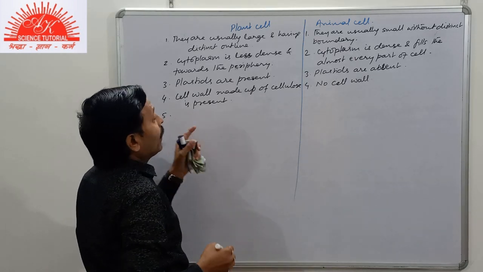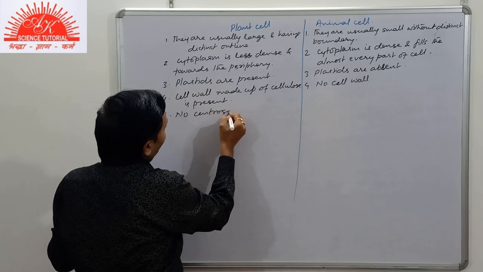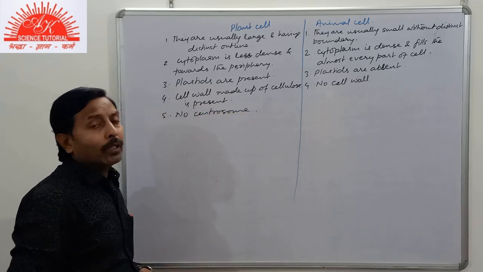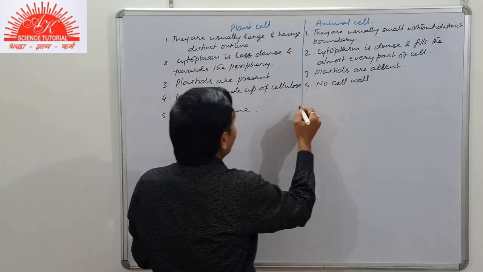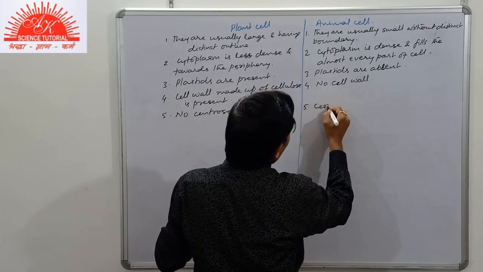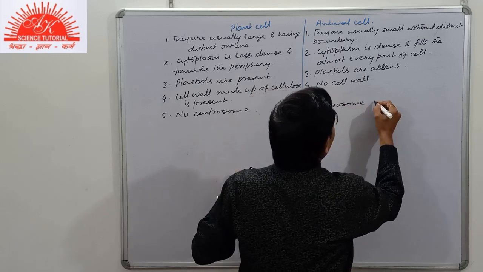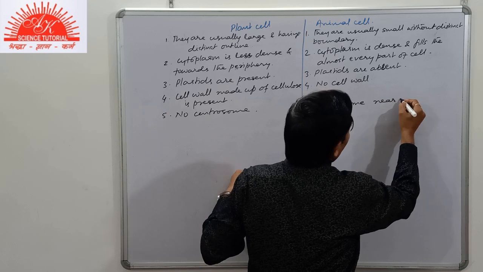Fifth point. Plant cells will not contain centrosome, but animal cell has centrosome near nucleus.